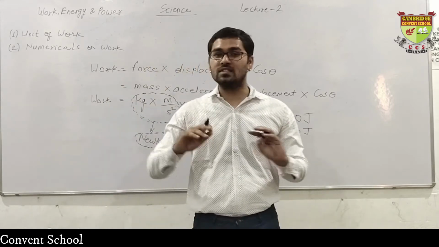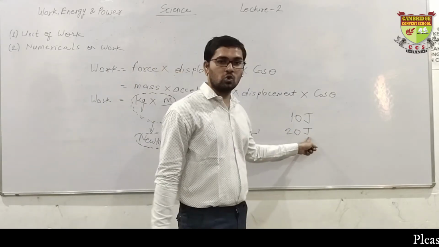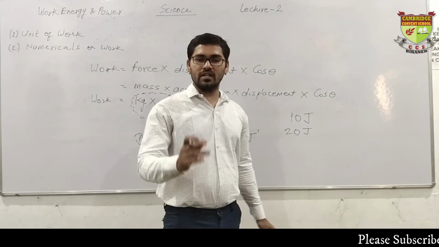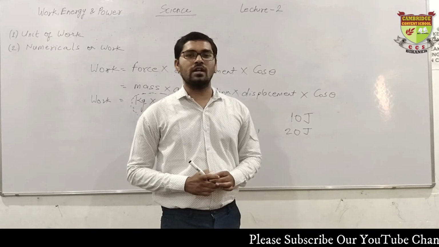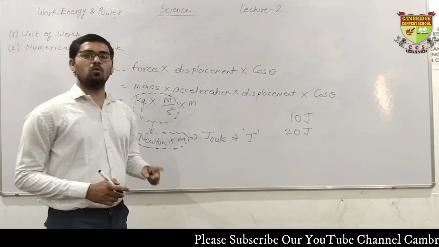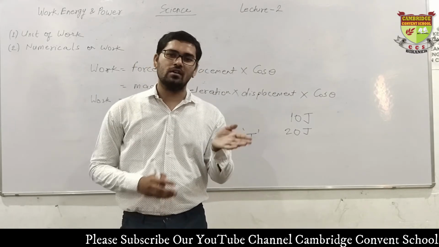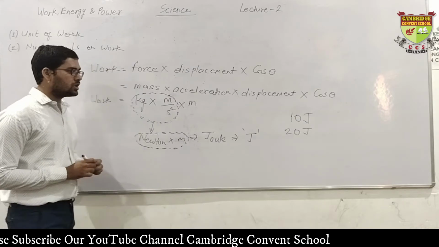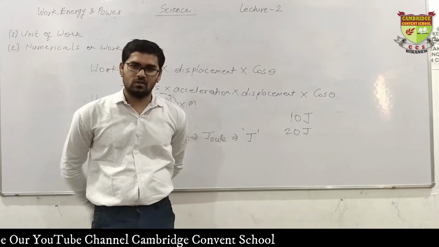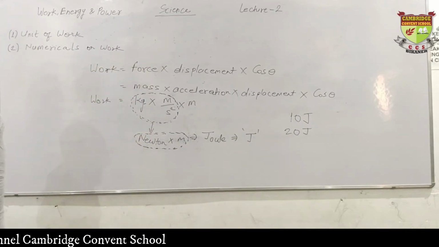That means all countries will calculate work in joule. Joule is the name of a scientist who played a very important role in the study of work, so to pay him respect we calculate work in his name, joule. So you will always use the unit of work as joule.